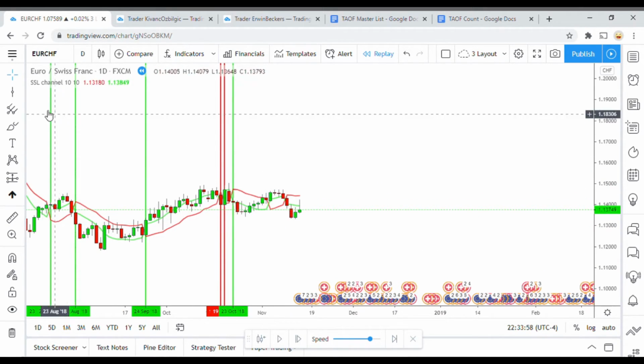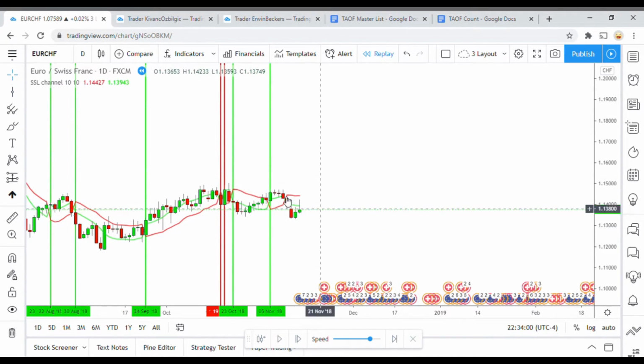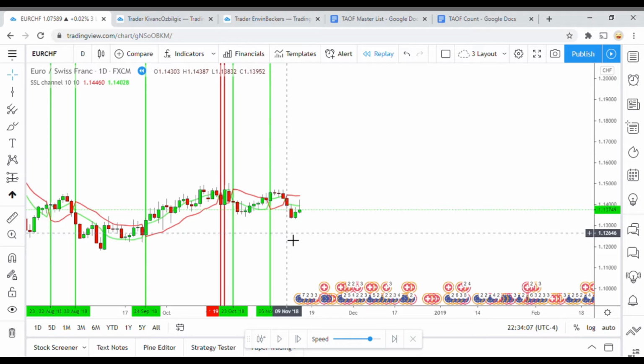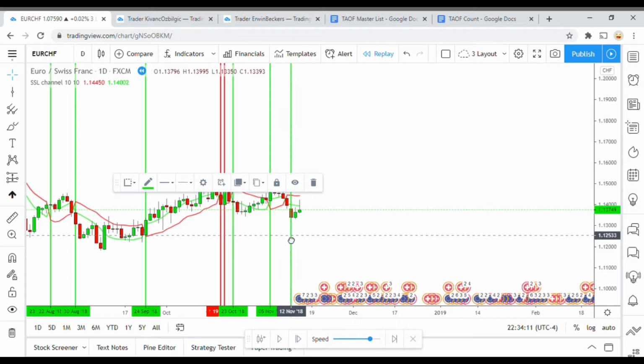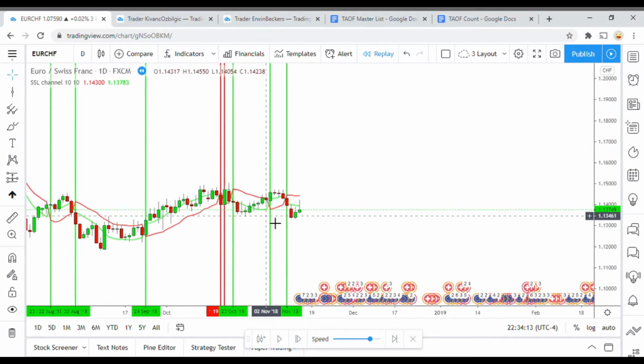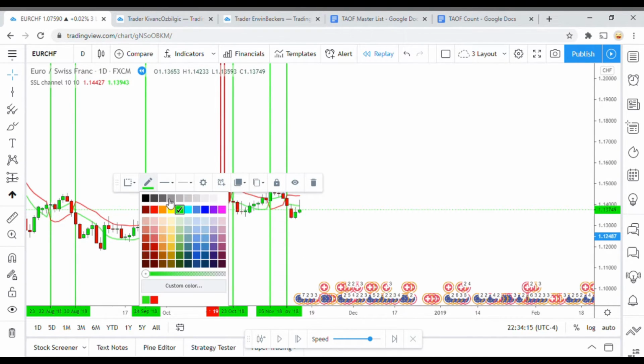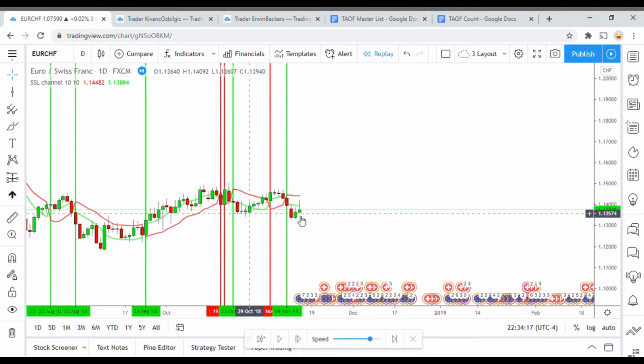Alright, let's see. Pushed up for a moment there and unfortunately was not able to sustain the move up before it dropped back out, giving us a short here, which would have been successful.